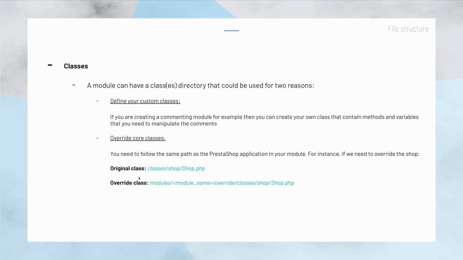Okay, so how to override this is basically by creating the same path. If you look carefully here, class shop.php, same path, but under our module's /override directory, right? So this is where the override directory is being used to override a core file.